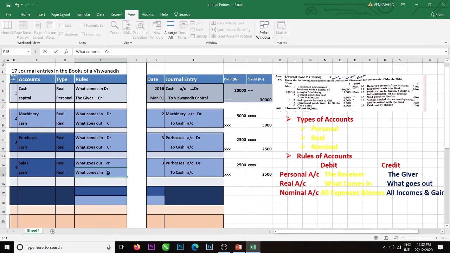Cash coming in, debit. So here, cash account debit. The date is 4th, I think. Yes, 3rd only. Cash account debit to sales account. Cash account debit to sales account. And the amount is 4,000.